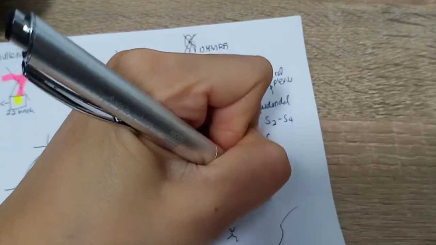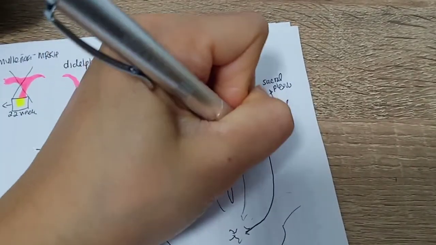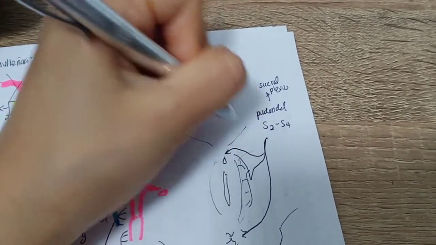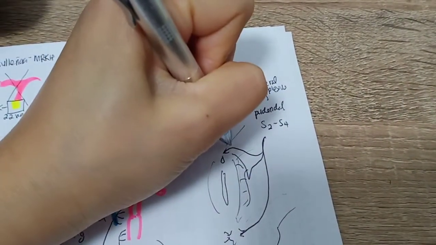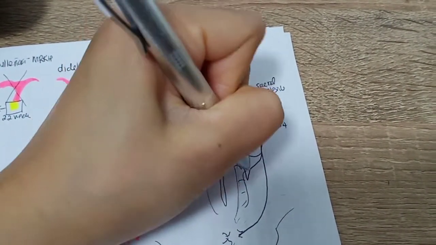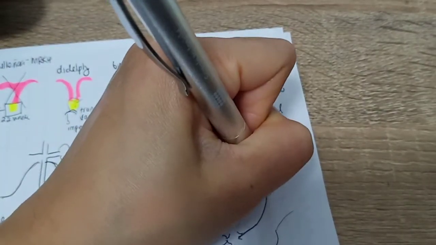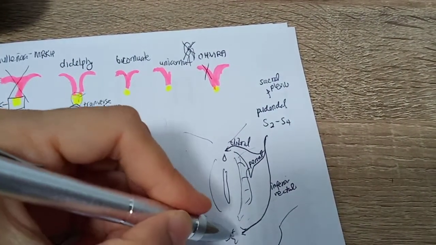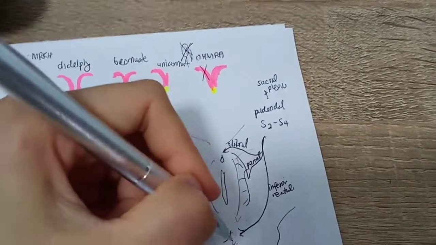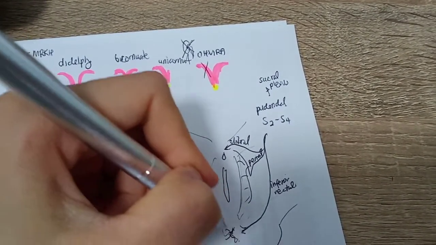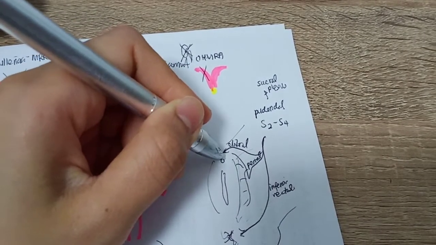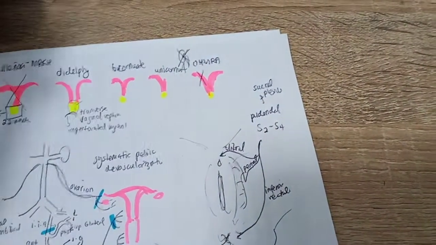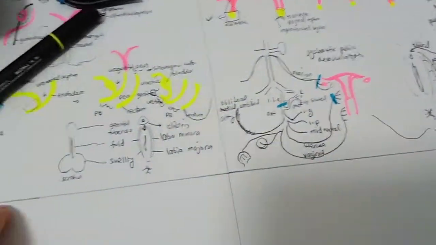It will divide itself and become the perineal nerves, the posterior clitoral or posterior penile nerve, this is perineal, and this is the inferior rectal. This will innervate the external anal sphincter, and also here it will stimulate the external urethral sphincter, and also here is the vagina. Okay, that is for the innervations.